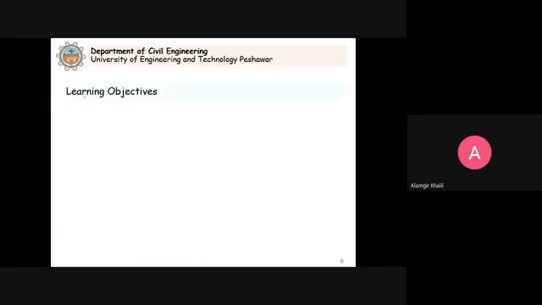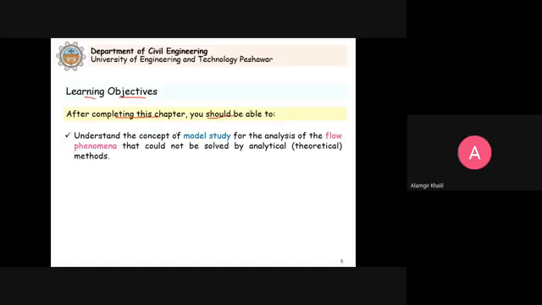Now learning objectives for this chapter. After completing this chapter, you should be able to understand the concept of model study for the analysis of flow phenomena that could not be solved by analytical or theoretical methods.